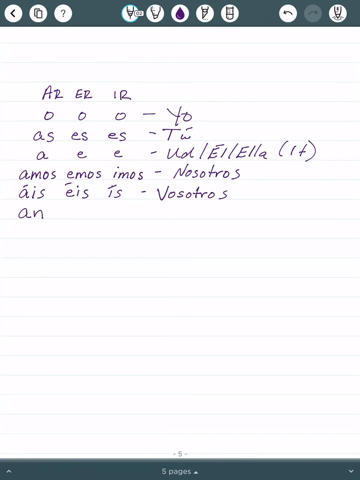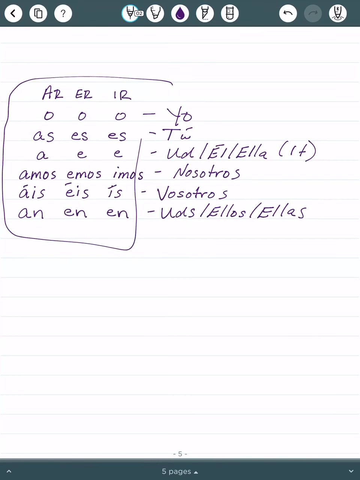And then the last one, for ARs it's an, N for ER and IR. So that's ustedes, ellos, or ellas. So that's it. That is the next thing you need to memorize. If we were still in physical school, we would have a quiz over this tomorrow. So definitely work on getting it memorized.